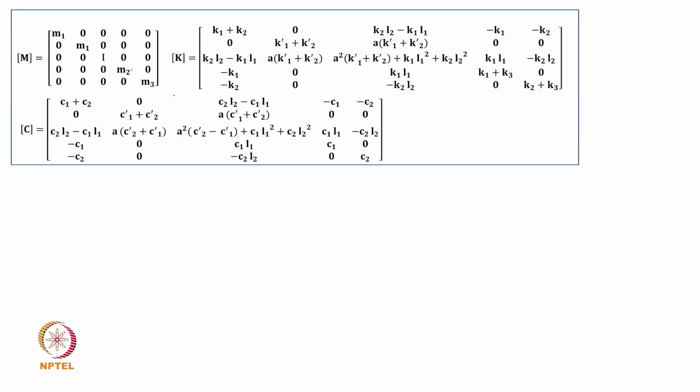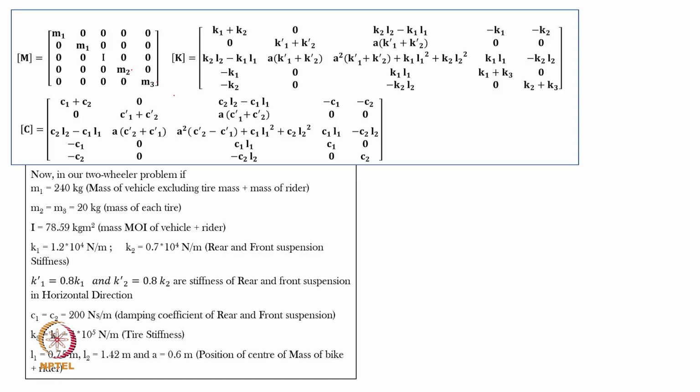Now, what we do is we take an example where some numerical values are assumed of a typical motorbike. The vehicle's mass is assumed as 240 kgs, and some of the other details like the suspension stiffness and the damping and the other geometric parameters are all approximated as shown here in this table.